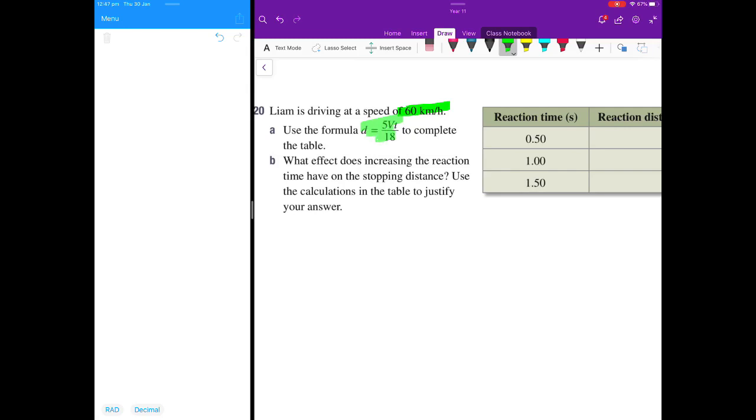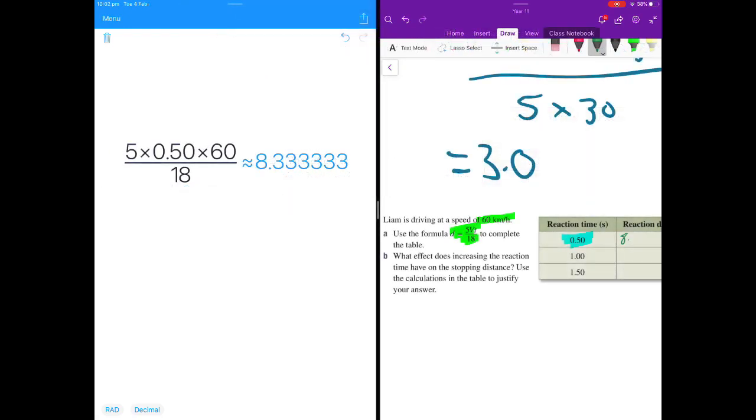Question 20, you've got your velocity again, and the reaction time is given to you in the table. It's giving you the formula, you're just chucking the numbers in. So you're going to have V times 60 times 0.50 for our first answer. Which gives us 8.3 repeater.